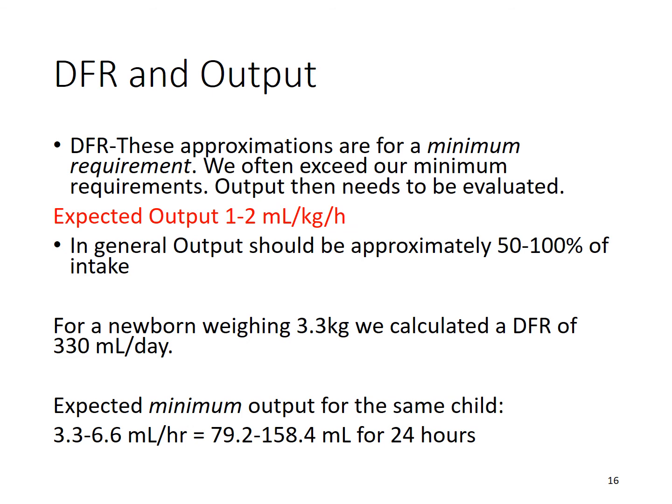So if they're taking in lots and lots of fluid, then their output should increase, correct? We also don't want their output to way exceed their input. There are some endocrine disorders, for instance, that would cause increased urination, and we need to bear in mind that you're eyeballing how much they're taking in and how much they're putting out, and does it make sense?